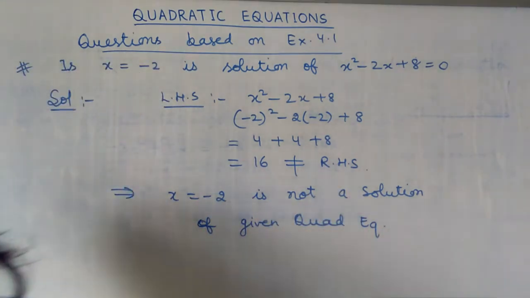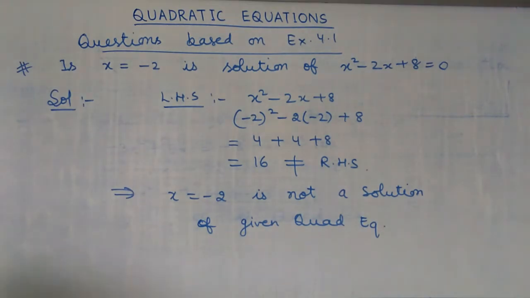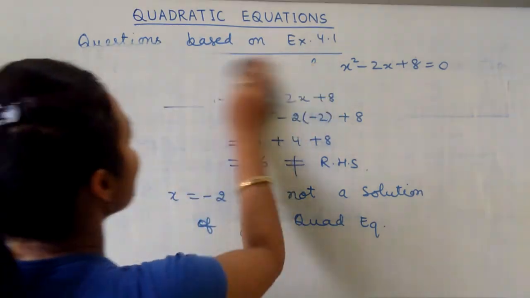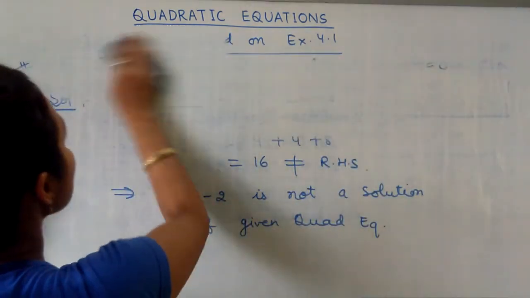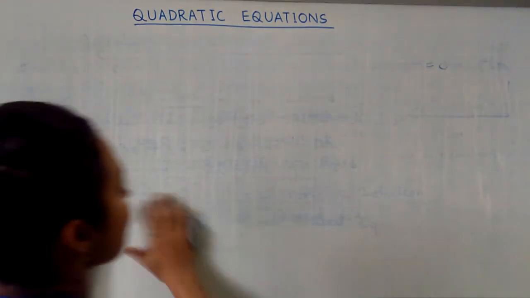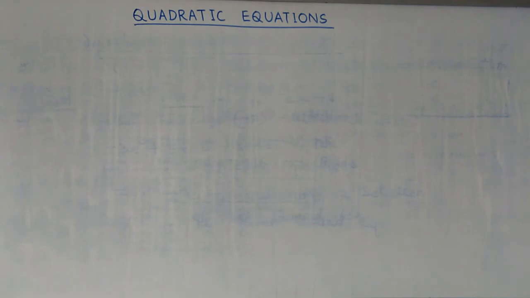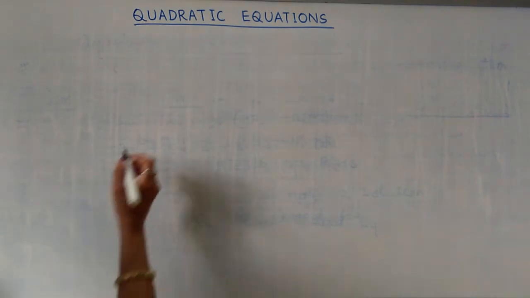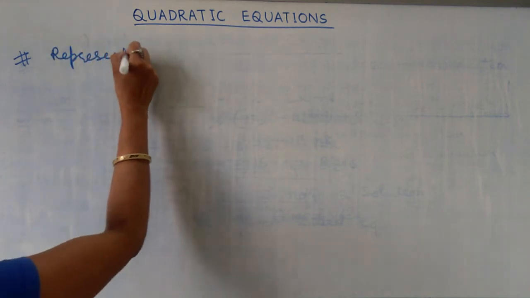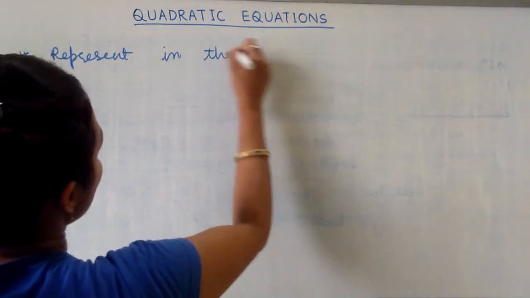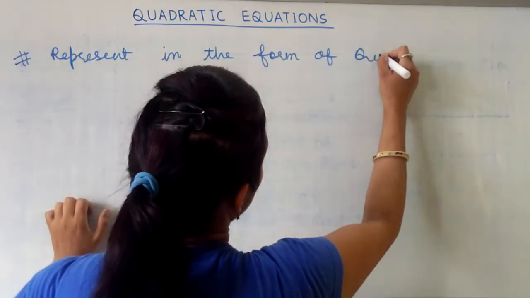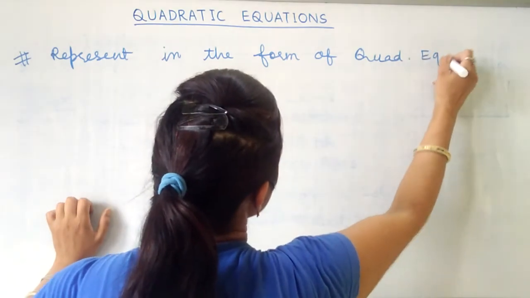Come to the third type. What is the third type of question? The third type of question is: change into the form of a quadratic equation. That is, represent it in the form of a quadratic equation.